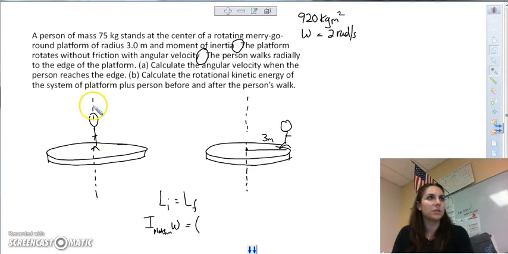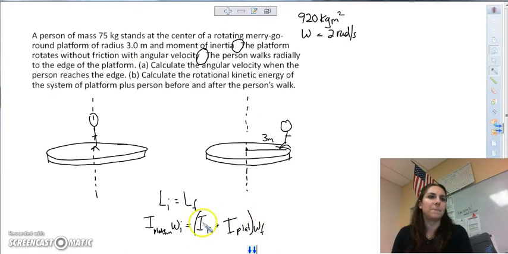Since the person is right in the center of rotation, they don't contribute to our moment of inertia. When the person is out here, this puts more mass on our system. So we have the moment of inertia of the person plus the platform times the final angular velocity.